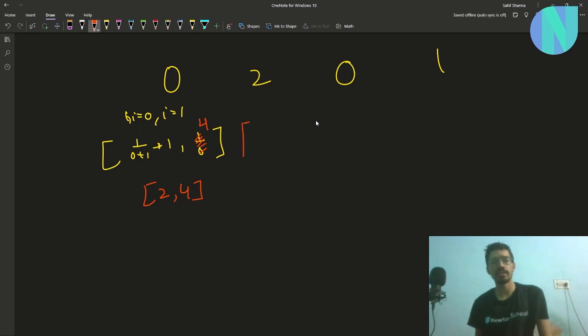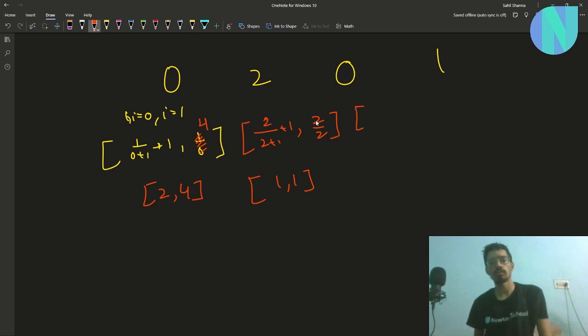And if you solve the second index, you get 2 over (2 + 1), plus 1. That is 2 over 3, which is 0 point something, so we are not concerned with that. It will be 1, 1.